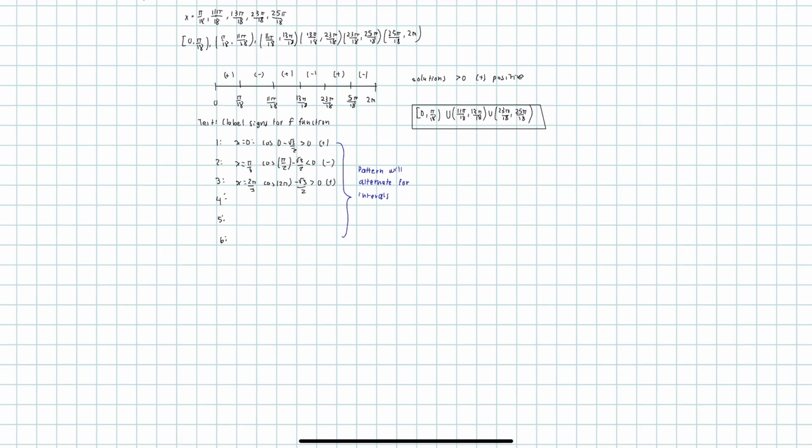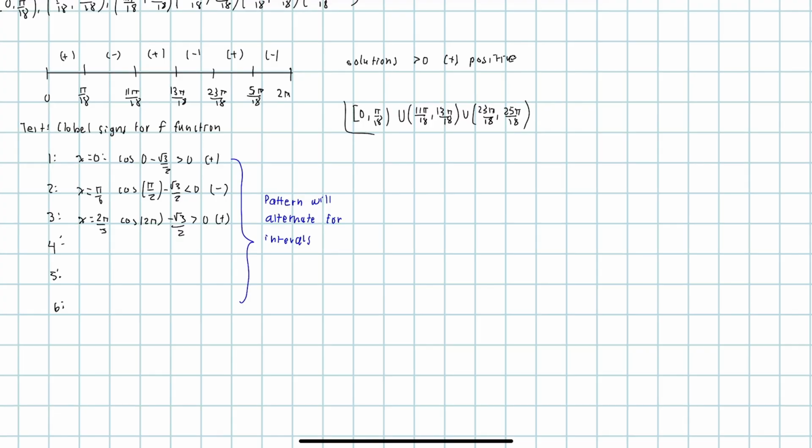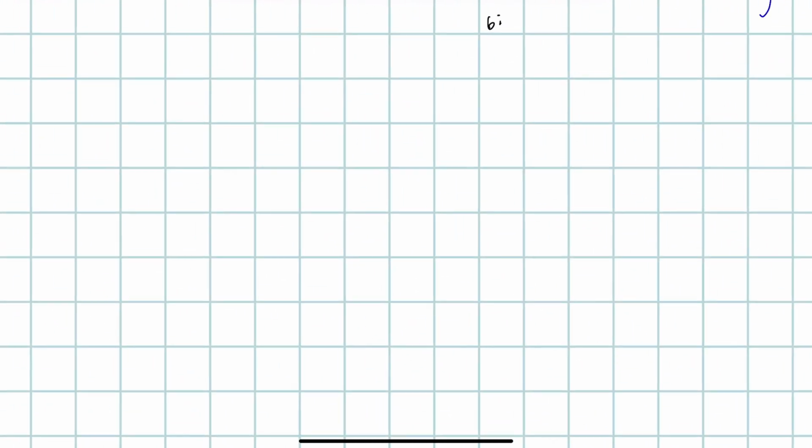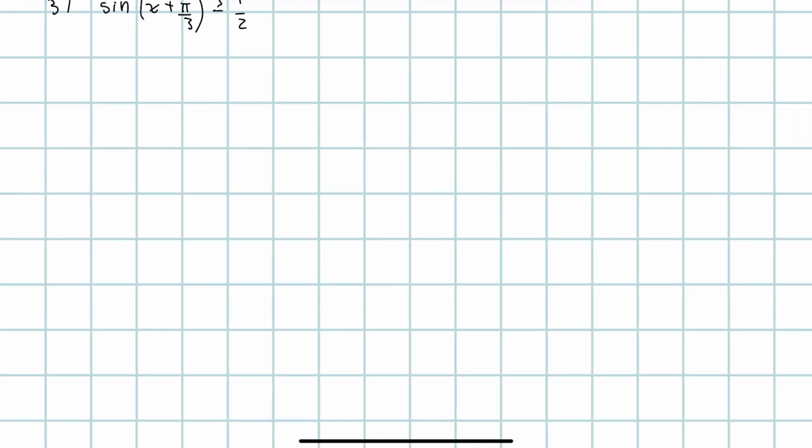So now we can do our next question, which is going to be question 3. For question 3, we have sine of x plus pi over 3, and this is going to be greater than or equal to 1/2. So now we can start off by isolating everything. We have sine of x plus pi over 3 minus 1/2 is greater than or equal to 0.